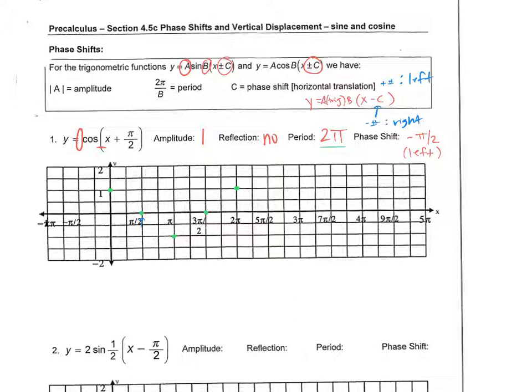Now my maximums happen at negative pi over 2 and 3 pi over 2, and halfway in between those is pi over 2, so that's where my minimum happens. At pi and at 0, I have zeros, and then that pattern would repeat. In this case, I'll do 2 periods. Now I have my key points, and I can sketch my graph.